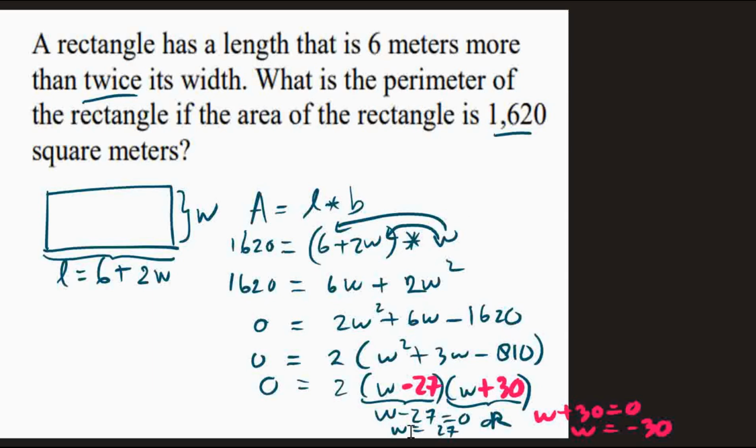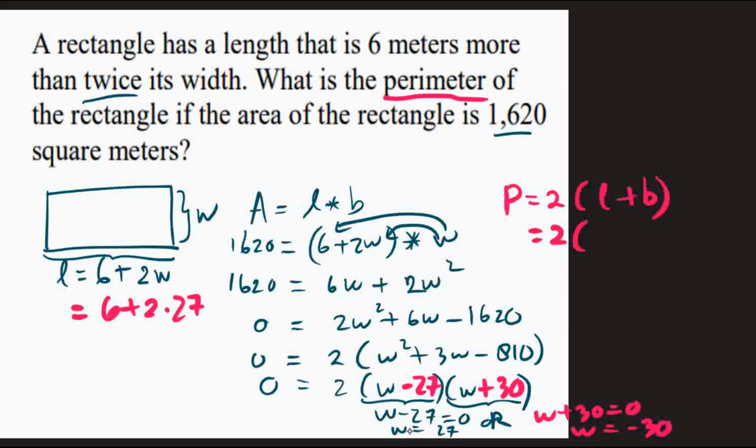Now to count the perimeter, the formula is perimeter equals 2 times the length plus the breadth or the width. So we have to count the length first. 6 plus 2 times 27 is equal to 6 plus 54, which is equal to 60.